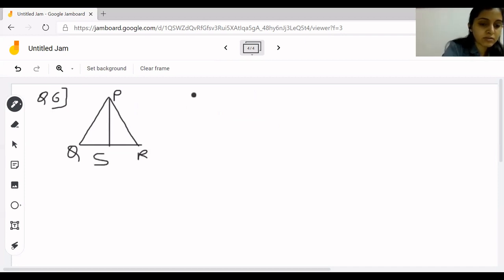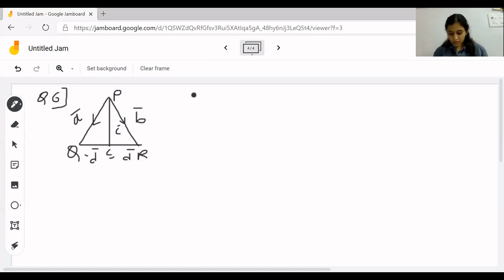PR is given as B bar, PQ is given as A bar, then we have PS equal to C bar, and QS and SR as minus D bar and D bar.